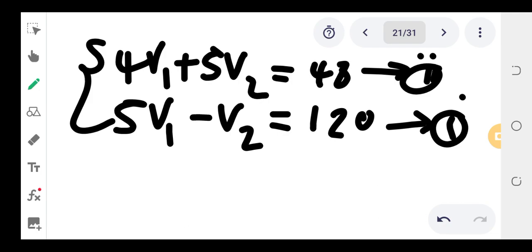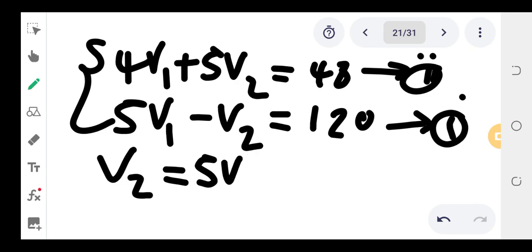If I make V2 the subject of the formula from equation 1, V2 equals 5V1 minus 120. So where there is V2 in equation 2, I must replace with this.